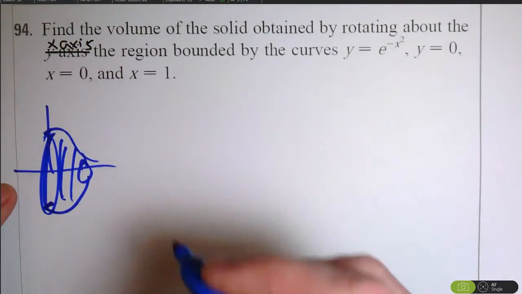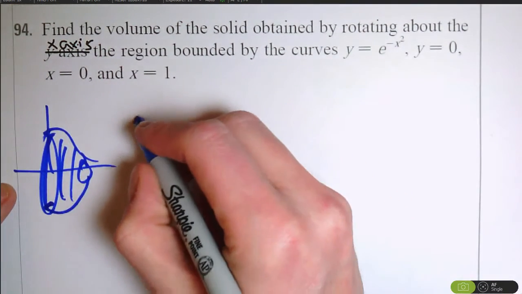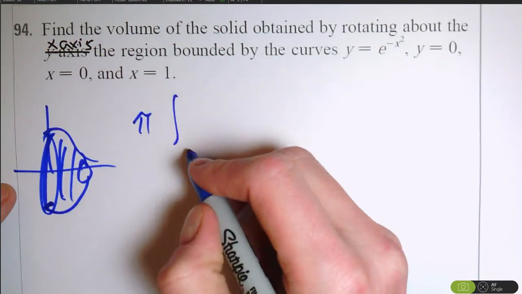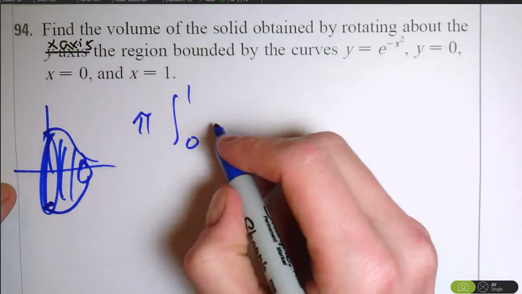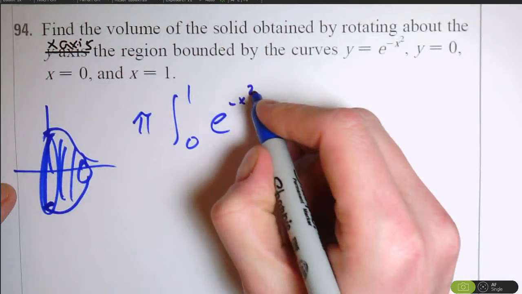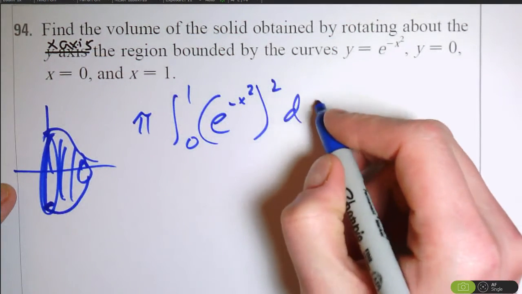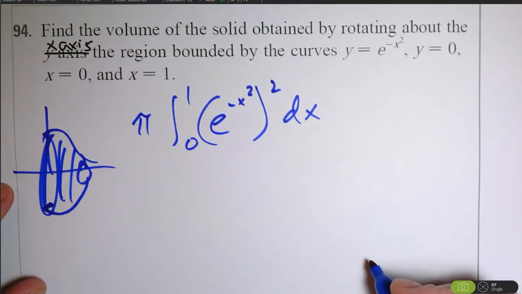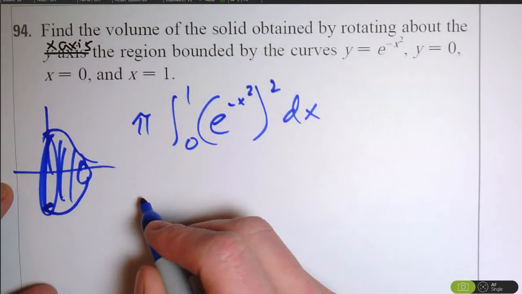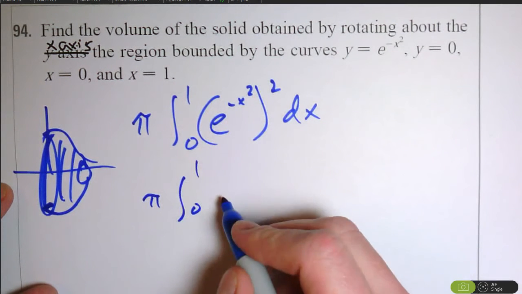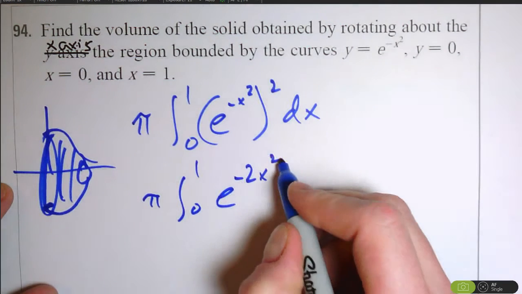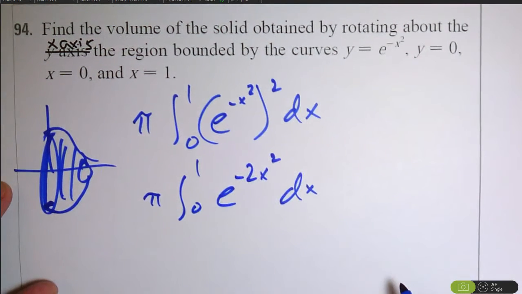That volume. So this one's actually just a nice straightforward pi from 0 to 1 of e to the negative x squared dx. Okay. Now, once we get this, then our function is actually e to the negative 2x squared dx from 0 to 1.